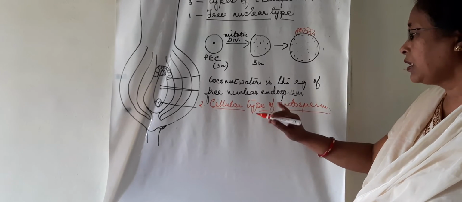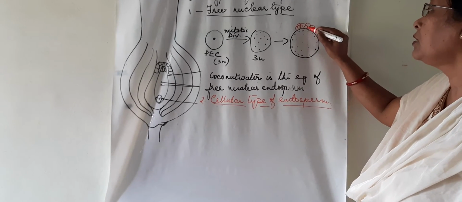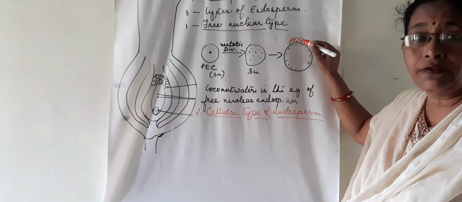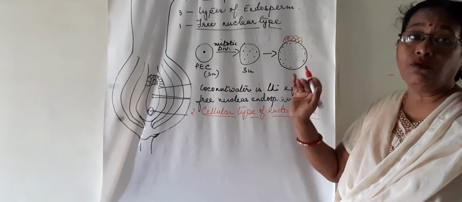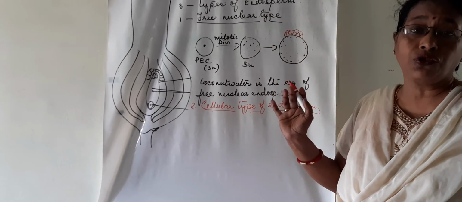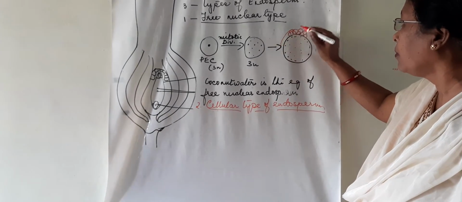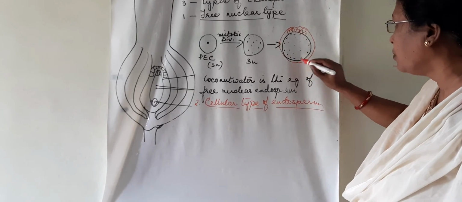After this, the cellular type of endosperm is formed. That is, division of the nucleus is followed by division of the cytoplasm, which gives rise to the white kernel, the edible portion of the coconut.